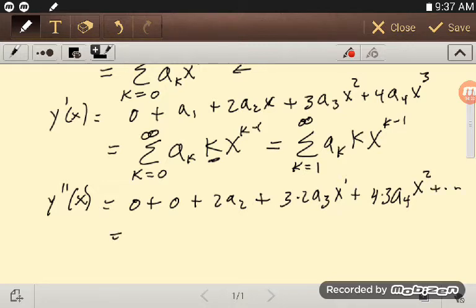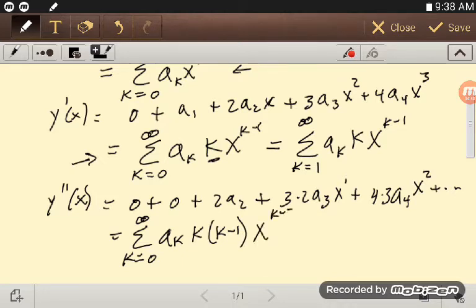And so you see, if we started up here at this row, that's k equals 0 to infinity ak times k times k minus 1 x to the k minus 2.